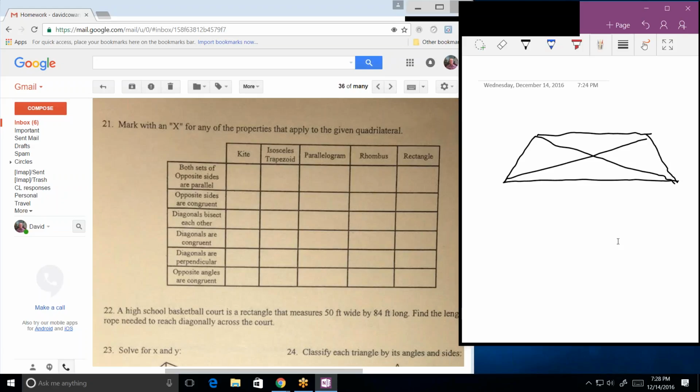Are the diagonals congruent for an isosceles trapezoid? Yes, they are. In other words, both diagonals are equal to one another in length. See why? Only because it's an isosceles trapezoid.